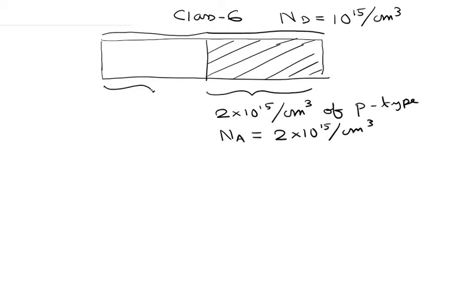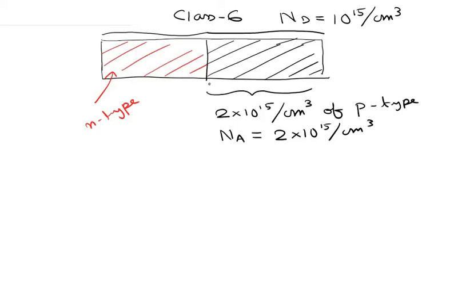at the very first time with 10 to the power 15 per centimeter cube of phosphorus atoms. So this region basically is n-type, because we had doped the entire bar with 10 to the power 15 per centimeter cube of donor type impurities.